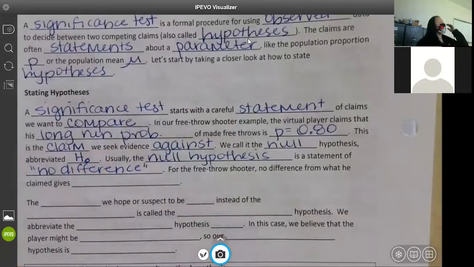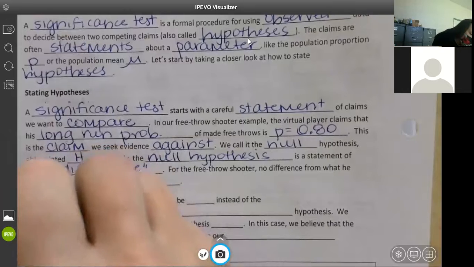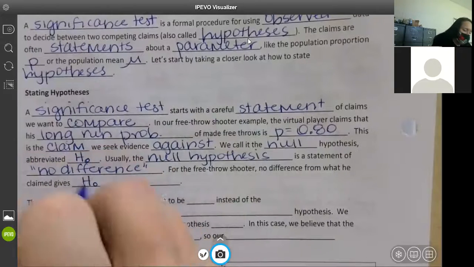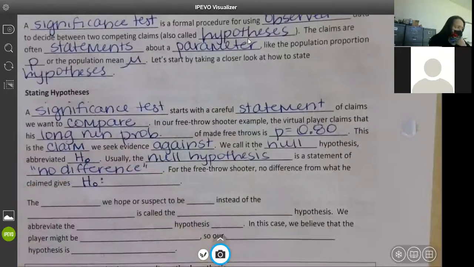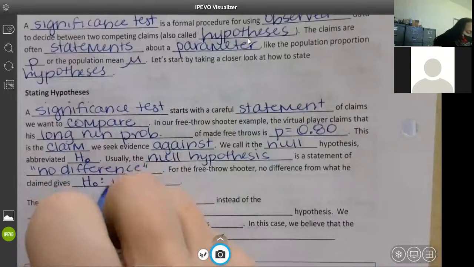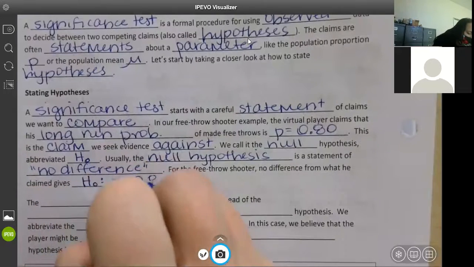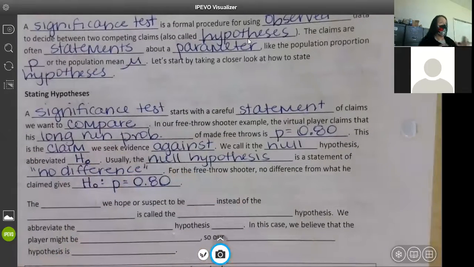So for the free throw shooter, no difference from what he claims, and this is exactly how you write it: H sub 0, colon, p equals 0.80. That's your null hypothesis.